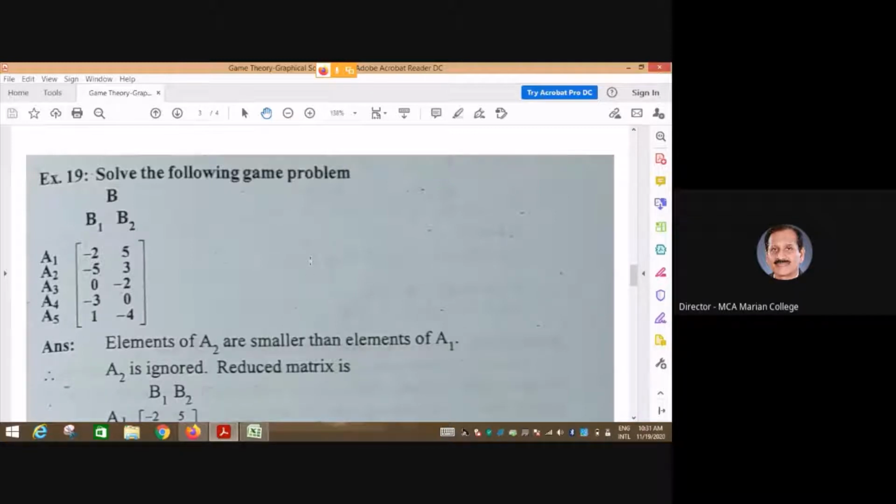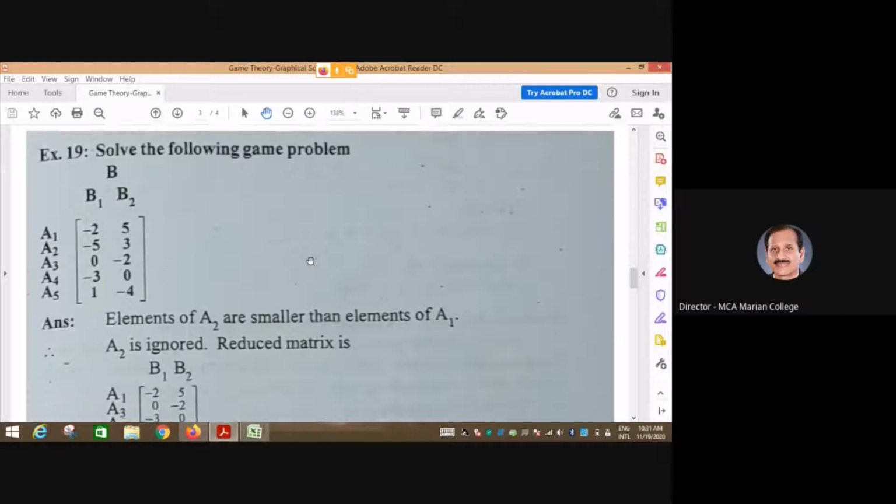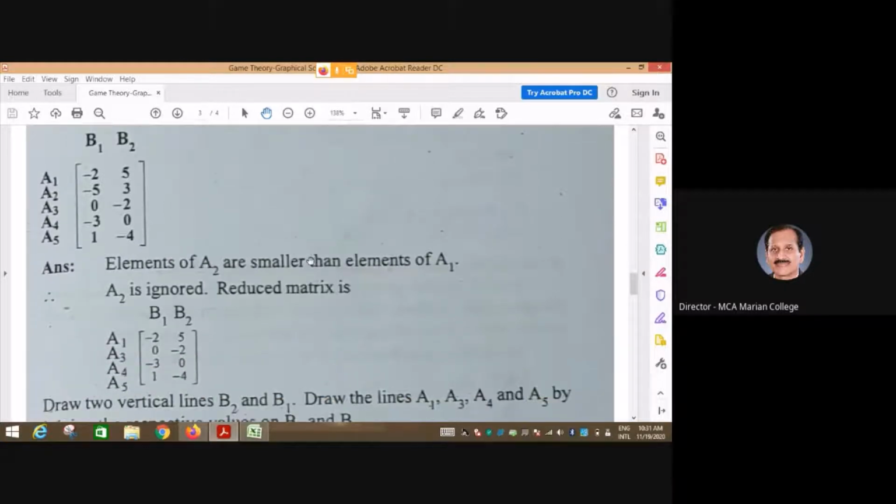So the reduced matrix, by using dominance property itself, we can start reducing the matrix. Now the reduced matrix is given, that is A1, A3, A4, A5, 4 strategies for A, and B1, B2, 2 strategies for B. Now in this case, we have to draw 2 vertical lines corresponding to B1 and B2.